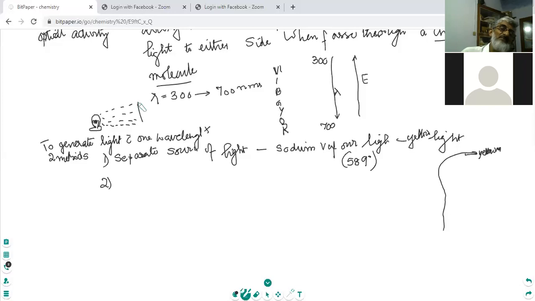The second method is to use a prism. You keep a prism here, and then a screen here. When you keep a prism, you will get a spectrum here, V to R. Suppose you want only one light. What you do is make a very minute hole through which only the light of the required wavelength will enter.